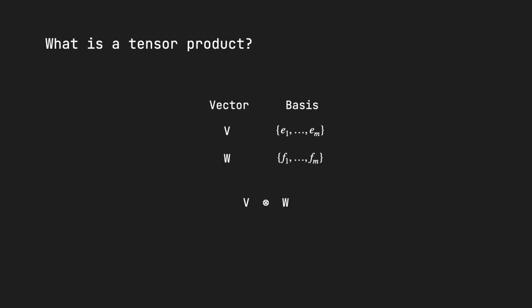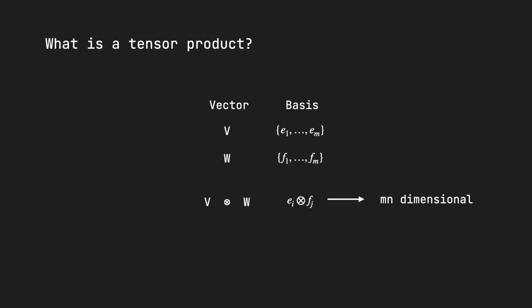V tensor W is actually a new vector space, and elements of this vector space are constructed by using bilinearity. There are a set of rules that allow me to construct and figure out what elements belong to this vector space. So this is a way to combine two vector spaces together. The combination of their bases looks like this, E, F. The dimension of this vector space is m times n.